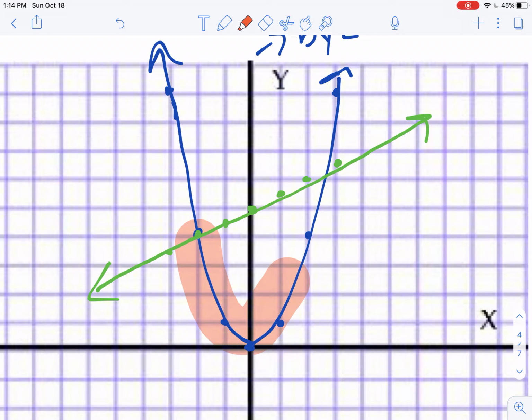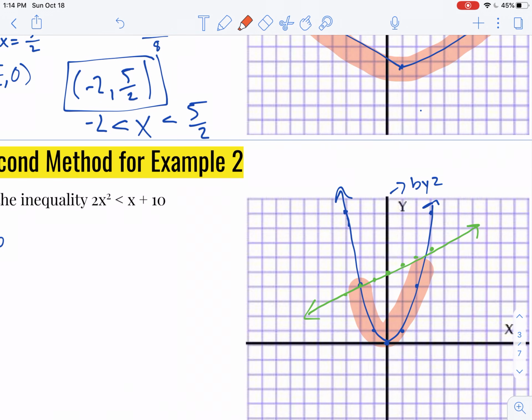So here, again, I'm looking for these x values. When I'm saying 2x squared is less than x plus 10, I'm asking where the y values of this parabola are less than the y values of this line. The area that I've just highlighted is where those y values are less than the y values of the line. Between these two x values is where it is. Well, I can't just eyeball this graph and figure out what those x values are.